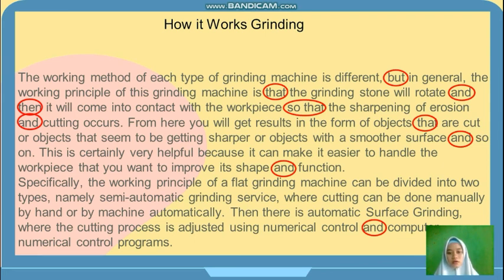From here, you will get results in the form of objects that are cut or objects that have a smoother surface and so on. This is certainly very helpful because it can make it easier to handle the workpiece that you want to improve in shape and function.